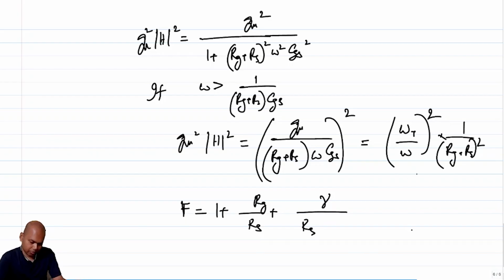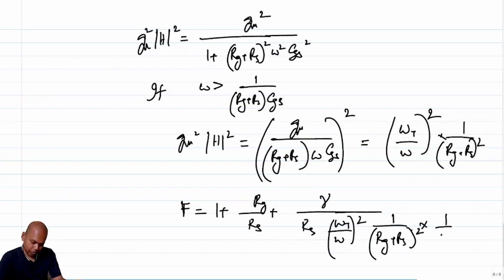So mod of H squared is essentially omega t by omega whole square times 1 by Rg plus Rs whole square times 1 over Gm squared times Gm.